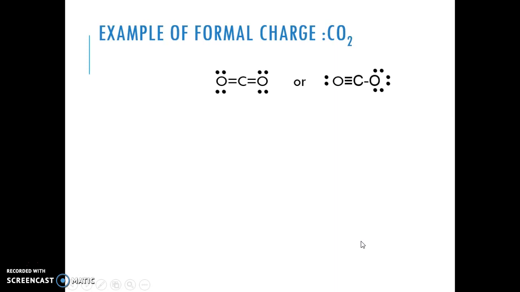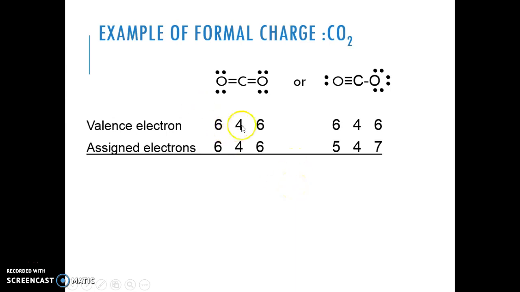All right, another example. You've got CO2. We know that it's going to be like this, but what's wrong with doing this structure? Let formal charges show you. So valence electrons, 6, 4, and 6. Here we've assigned oxygen 6, so that's good. Carbon 4, oxygen 6, so formal charges here are all 0. Here, 1, 2, 3, 4, 5 electrons for oxygen, so it's short one here.